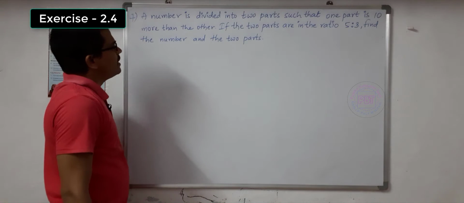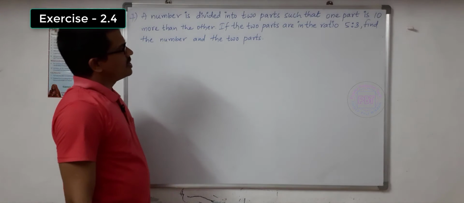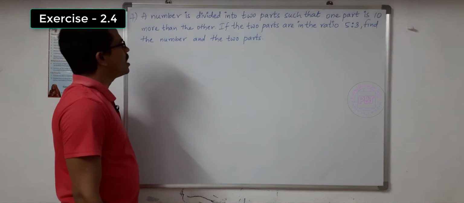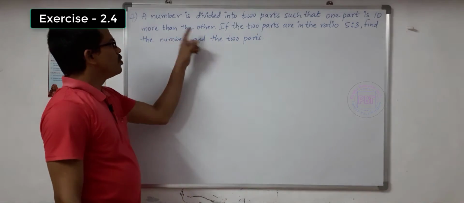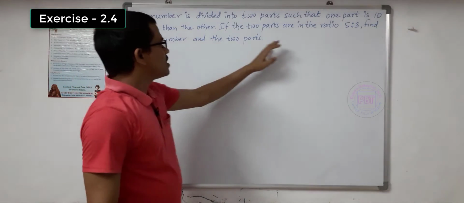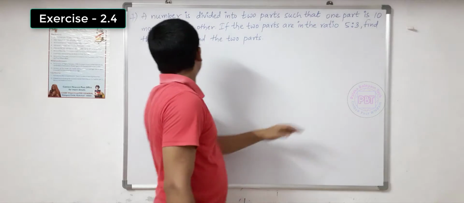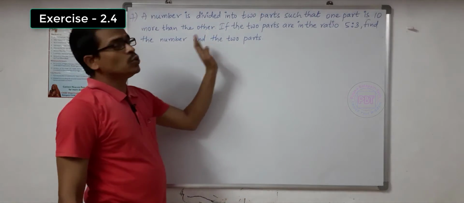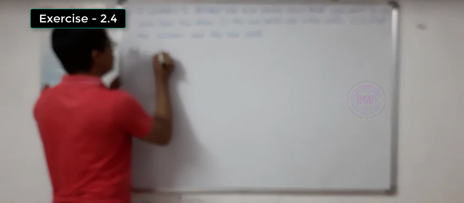A number is divided into two parts such that one part is 10 more than the other. If the two parts are in the ratio 5:3, find the number and the two parts. Let us see the solution.